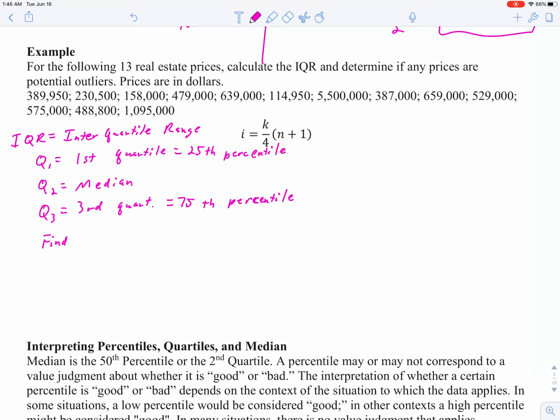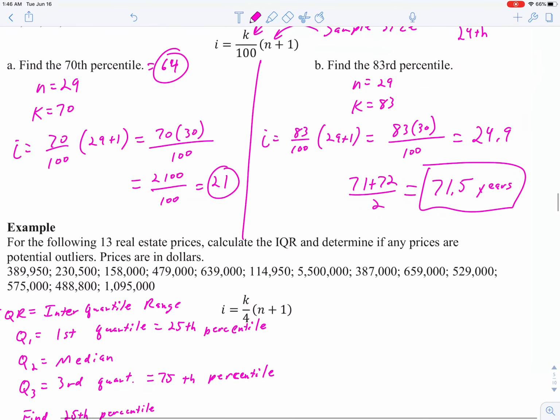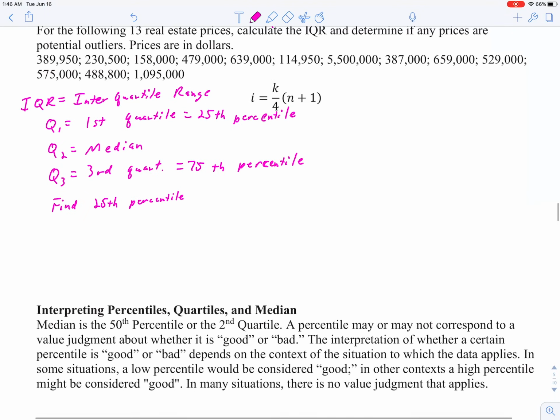We're going to find the 25th percentile. We could use the equation we used up at the top, but since we know this is also the first quartile, we can use the quartile equation. In this one, k equals the number of the quartile.